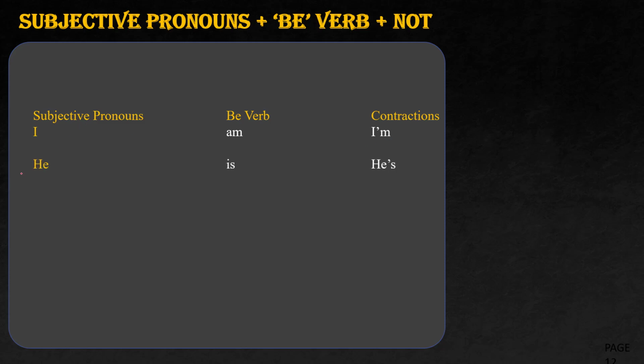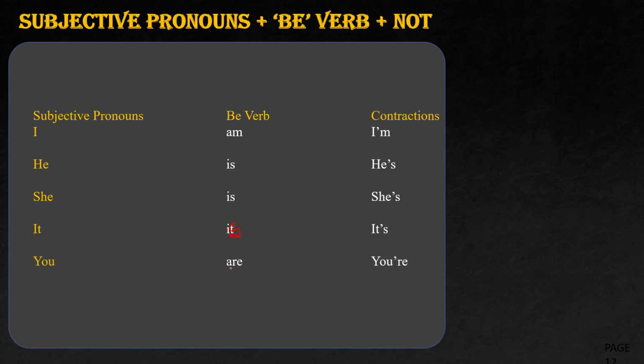Similarly, when it comes to he, the be verb is is. He is, he's. She is, she's. It is, it's.